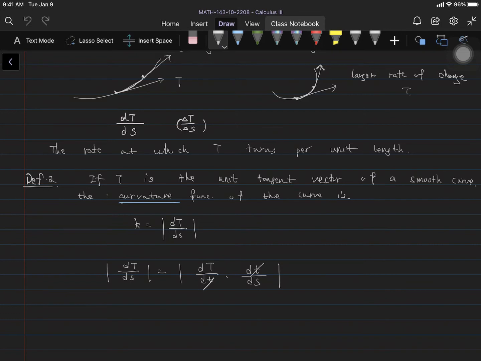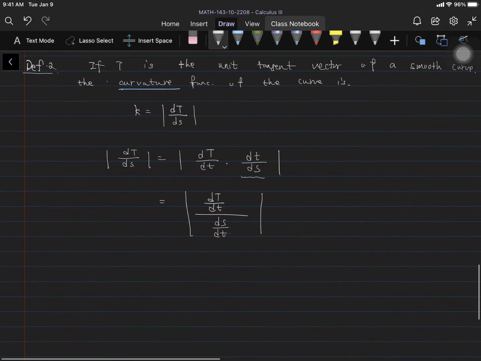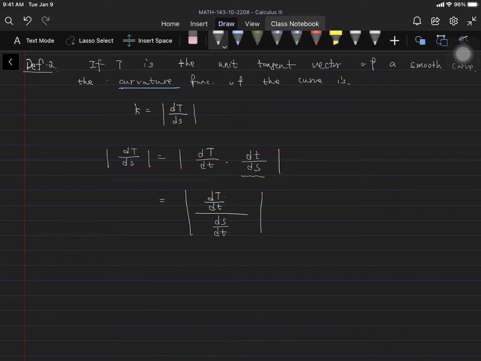We rewrite this as dT/dt divided by the reciprocal of our second term, which is ds/dt. Capital T over dt is like a second derivative of r(t), because T is the tangent vector, the first derivative, and then we take another derivative. So this is easy to calculate, right?